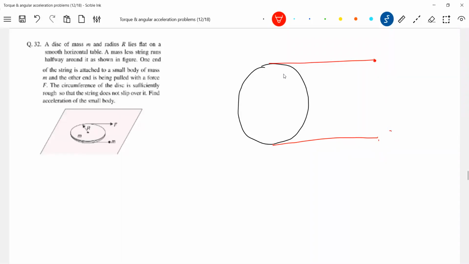Read the question, and draw the diagram like that in your notes. Then check what all forces are acting.